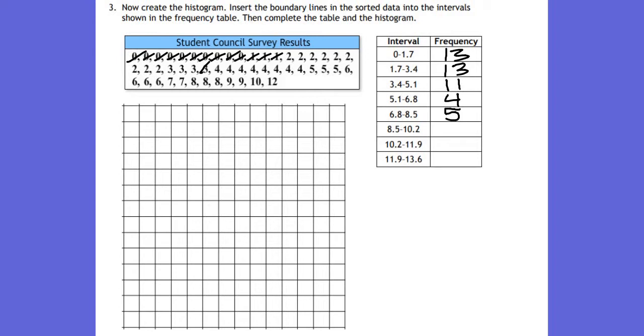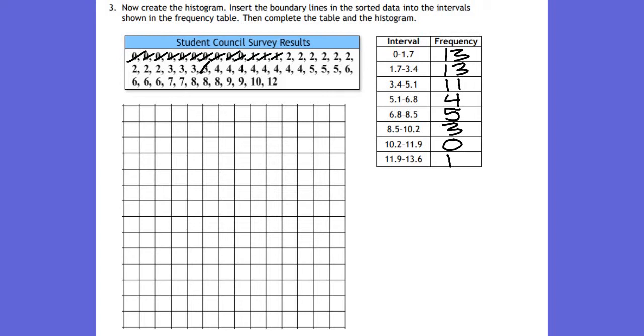No. 9? Yes. There's 2 9s. What about 10? There's 1 10, so that gives me a total of 3. 10.2 to 11.9: 0. 11.9 to 13.6: 1.